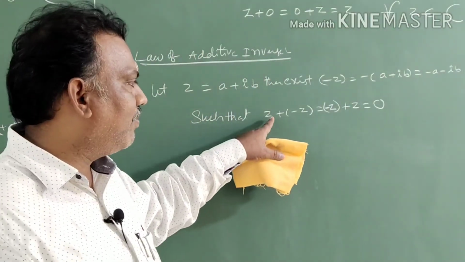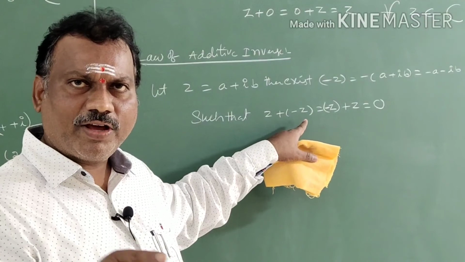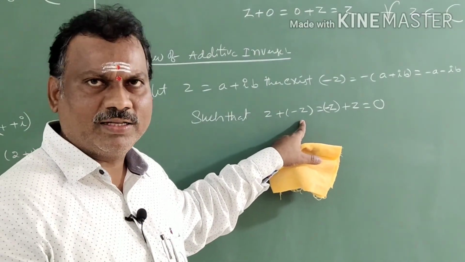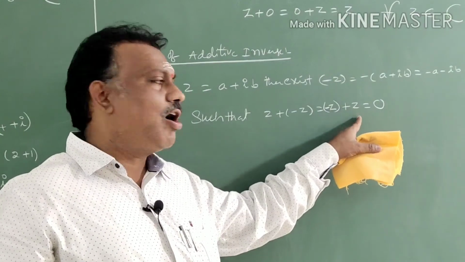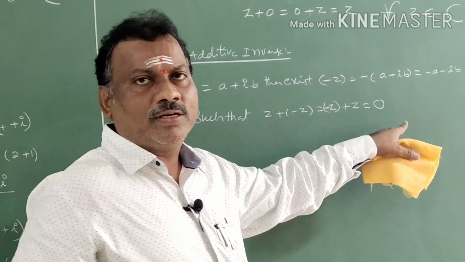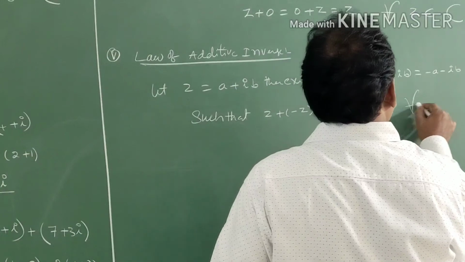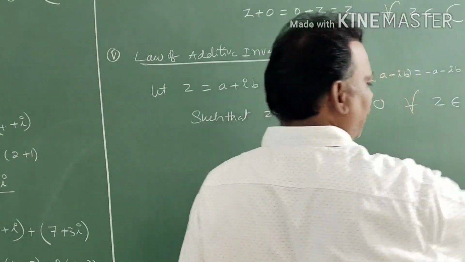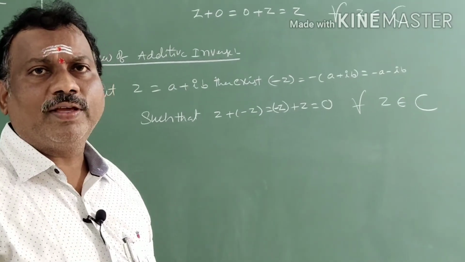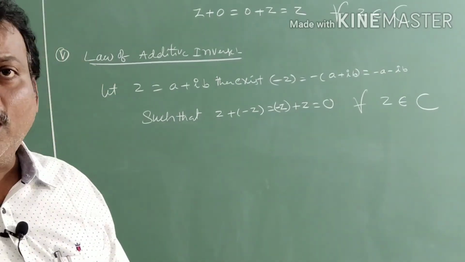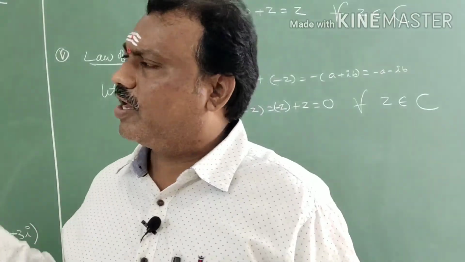You can take the negative of a complex number, minus z, and the complex number itself, and their sum becomes 0 for all z belonging to the complex number system. So the law of inverse also exists, the law of additive inverse.